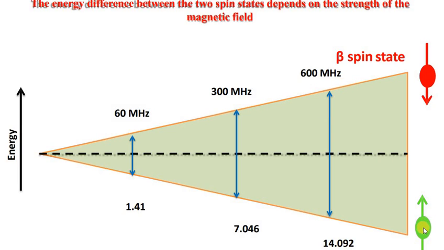So the amount for a proton to flip is different at different magnetic fields. Different magnetic fields require different amounts of radio frequency in megahertz to flip the hydrogen from the alpha spin state to the beta spin state, that is, from the lower energy state to the higher energy state.